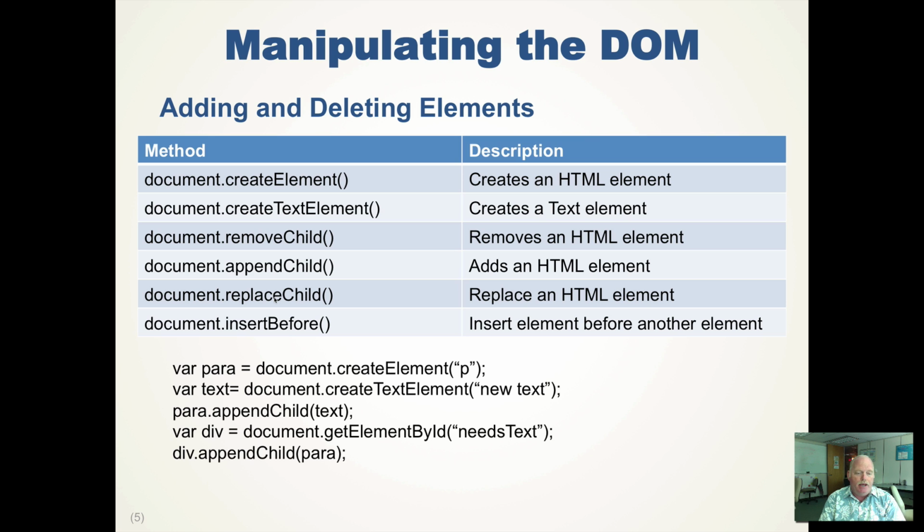We then append a child, so we append the text to the p tag, making it the child of the paragraph. And then we go find a div, and we can append the paragraph that we created as a child of the div, adding it into the DOM, and it would appear in the DOM.